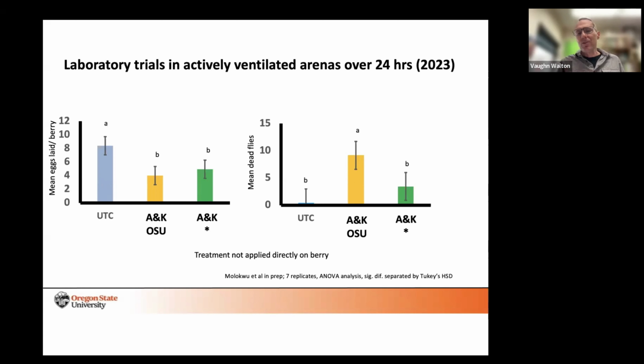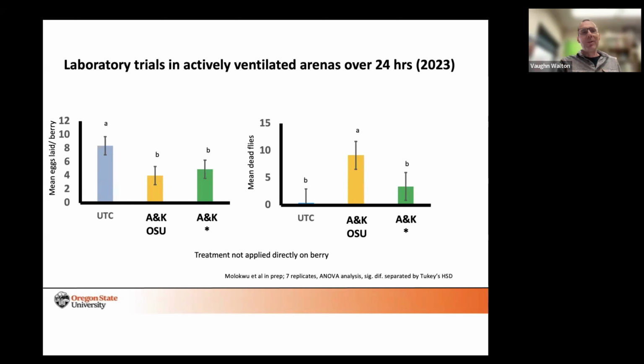We tested 2 attractants, the one that we just mentioned a little bit earlier, the OSU one, and another commercial attractant, which is called Combi Protect. And so when you're looking at the number of eggs laid per berry, we're looking at least a 50 to 60% reduction in eggs laid per berry when we're using these attractants. That's without spraying anything on a berry.